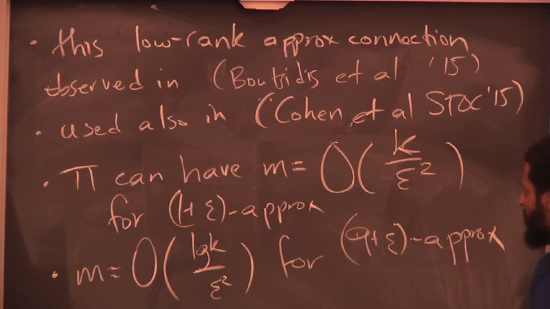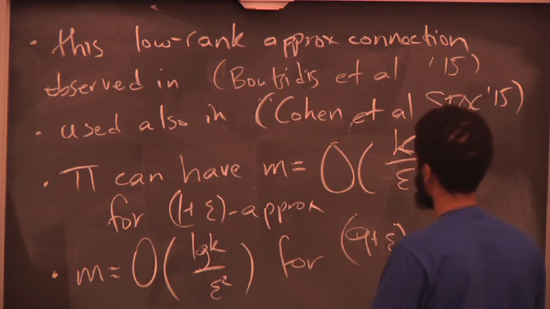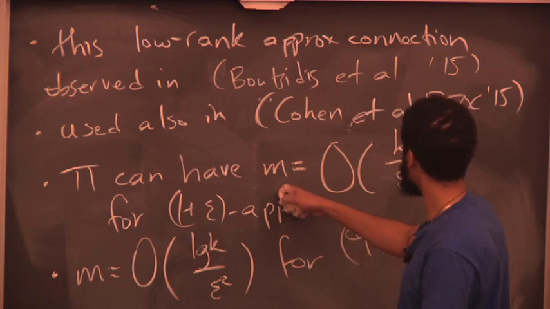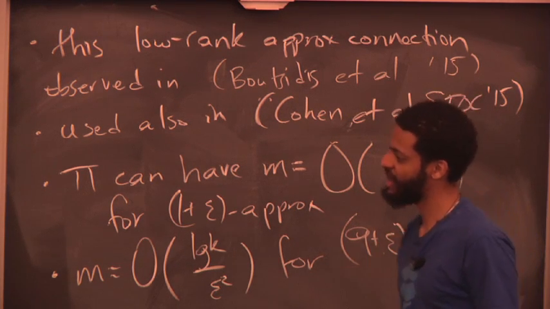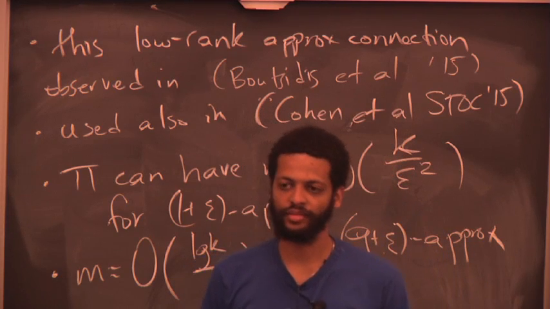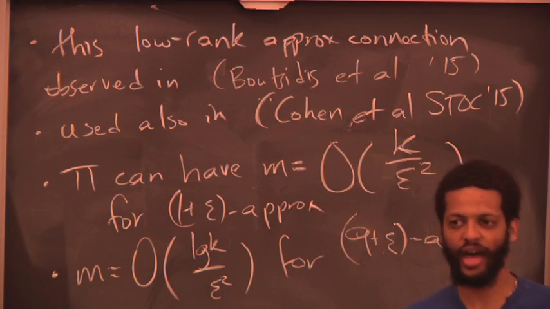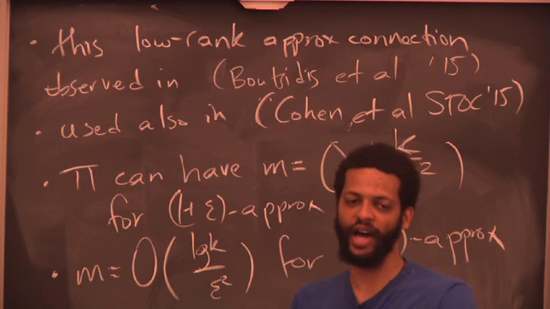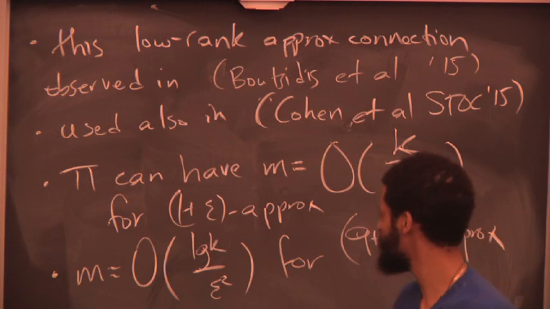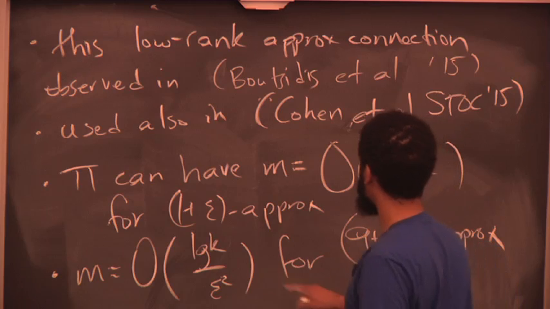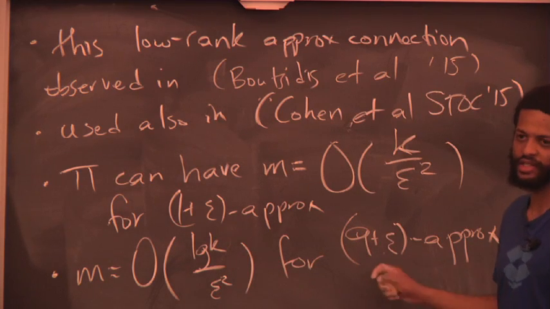What this paper by Cohen et al. showed is that if you pick Pi to map down to roughly k over epsilon squared dimensions and solve the new k-means problem optimally, the partition you find will be within 1 plus epsilon of the best partition for the actual k-means instance. And if you map down to log k over epsilon squared, it'll be within a constant, 9 plus epsilon.